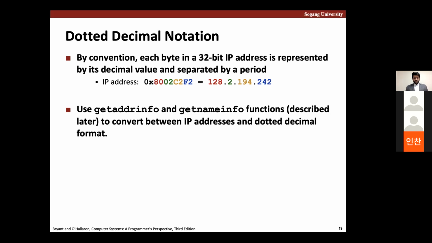Similarly, people use the getaddrinfo and getnameinfo functions, which we will cover later, to convert between the IP address and dotted decimal. It works both ways: you can convert from IP address to dotted decimal, or from dotted decimal back to the IP address. These two functions are very important, and we are going to see how they work and what is inside them.